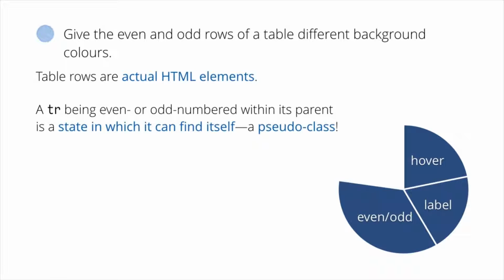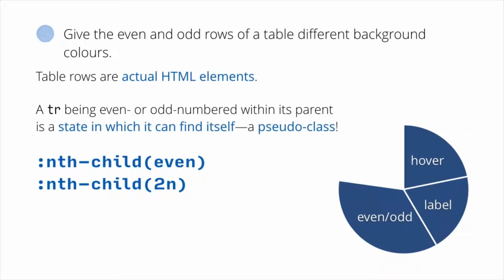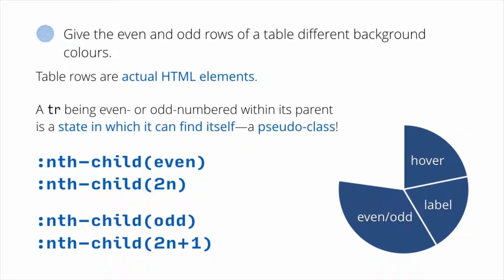So once again, we're talking about a pseudo class. This is the nth child pseudo class, which you can style even children or odd children with using these 2 approaches. This is a CSS3 feature. And I reckon because nth child seems mysterious and pseudo elements seem mysterious, people must figure they're the same thing. But it's not, it's a pseudo class.